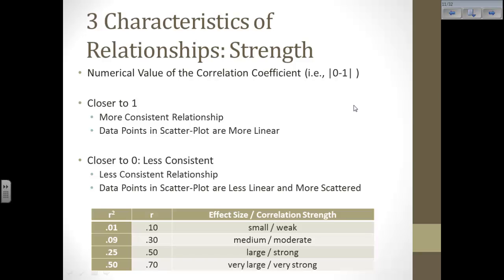So if you have a strong relationship, every time X increases by 1 point, Y changes by a consistent amount across all study participants. It can be increasing or decreasing as long as it's a consistent increase or decrease. Then you would have a strong relationship.